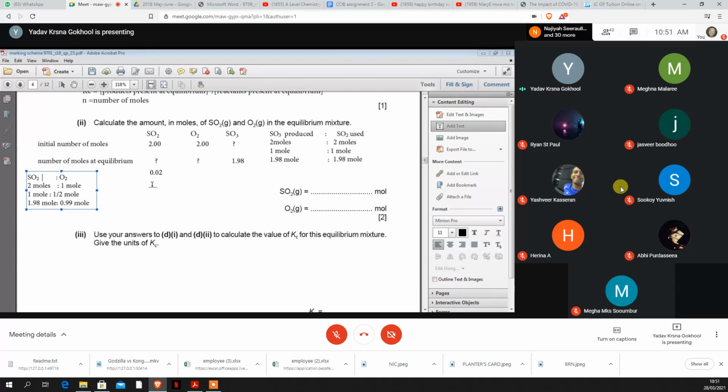Again, let us clarify it. This is used, and this is also used.